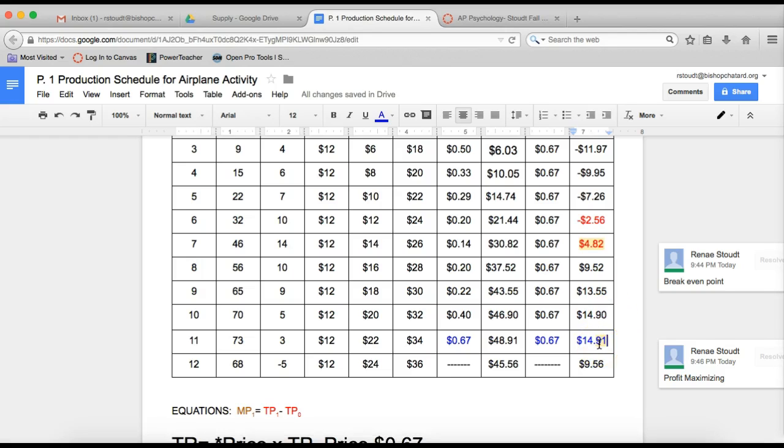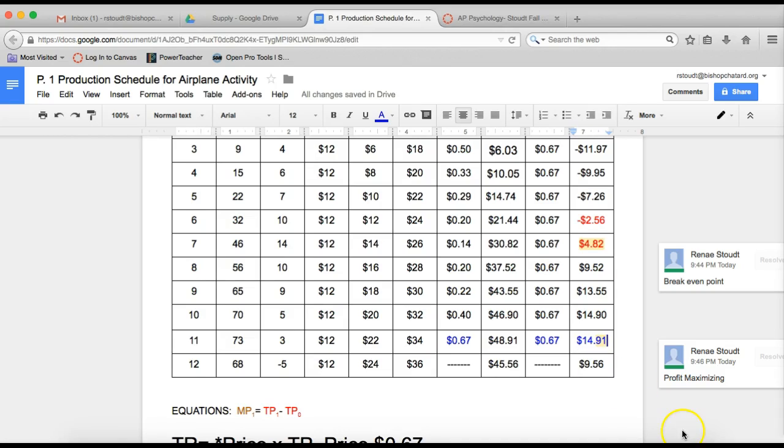And the reason we have to look for where marginal cost and marginal revenue are the same, so it's always going to be where that is the same, is because if you think about it, it's not really costing us any more to hire that 11th worker, okay? Because it equals out in the end as far as how much revenue they made. So remember, this is in the short run. So if you hire them now, in the long run, when you want to expand, that person is already there, they're already trained, they already know what they're doing.